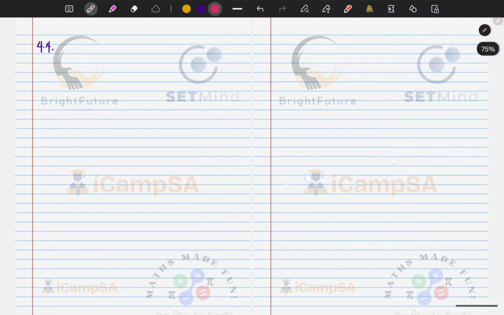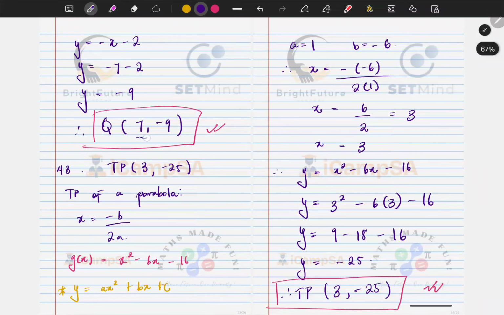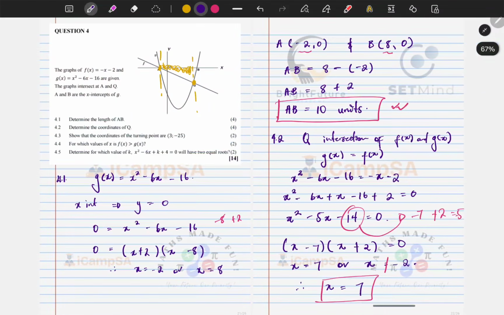Remember, we know that it's going to be n7, right? Where is 7 coming from? 7 is coming from q. This is the 7, and then that's the -2 that we found here, the x-intercepts.